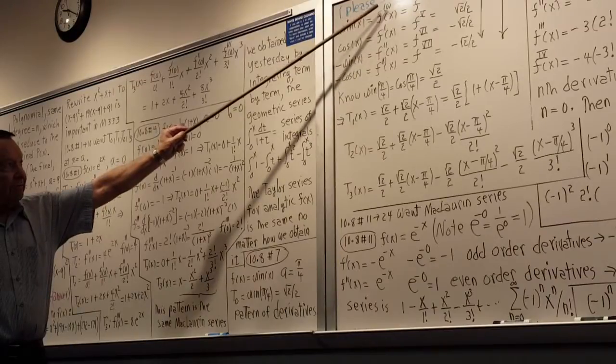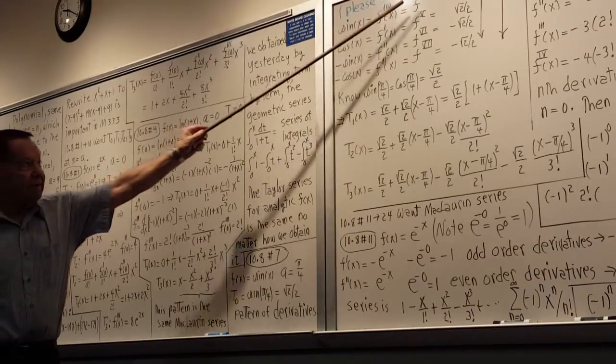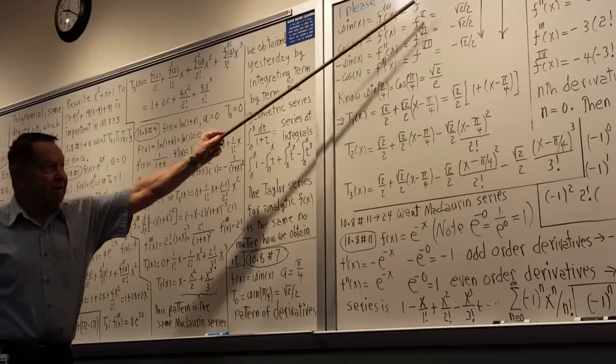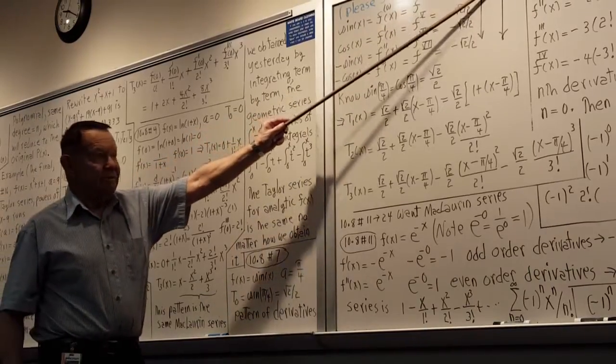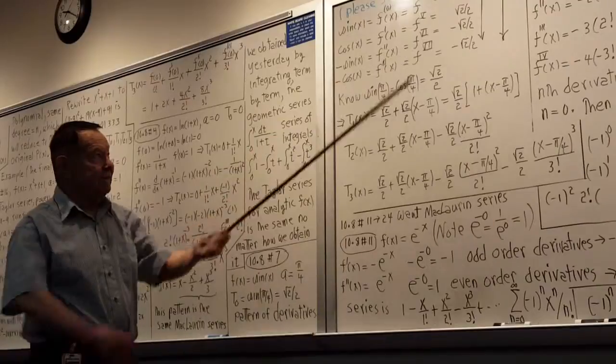So the order 0 derivative is the same as the order 4, and again, that's root 2 over 2 at this a value.